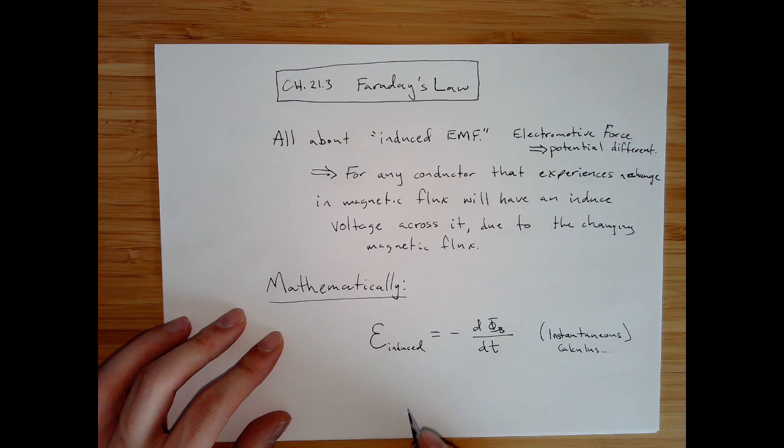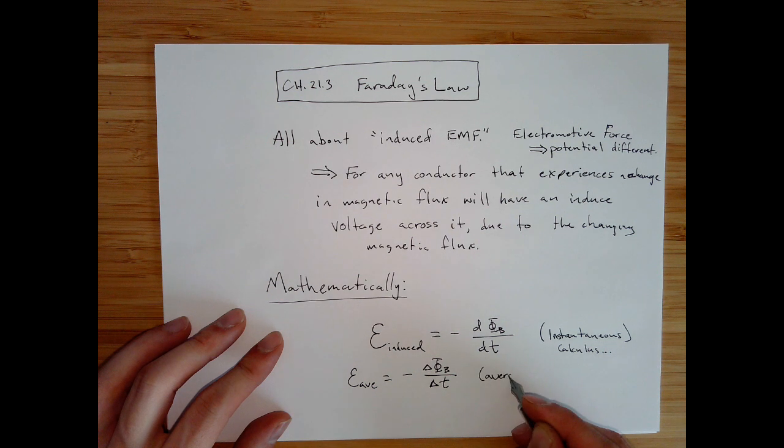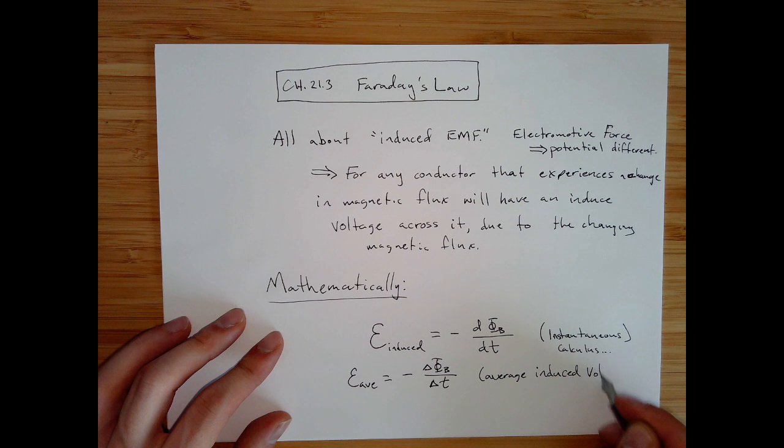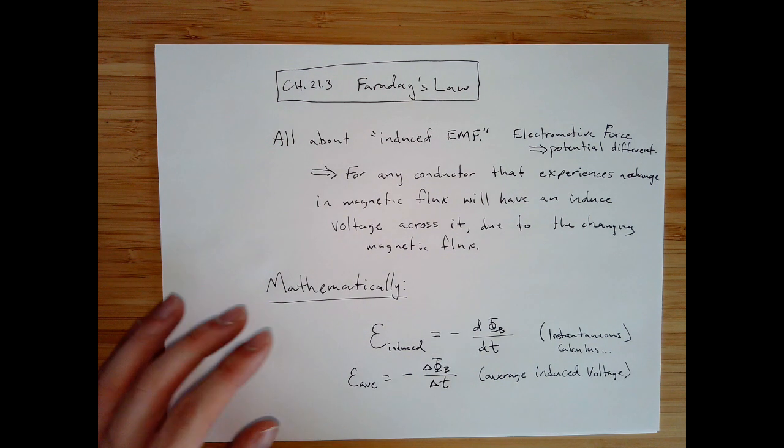But what we need to do is write the equation we use, which is the average induced voltage, and that's given by negative delta phi over delta t. So we're looking at the average induced voltage, or it's often referred to as the average induced EMF.